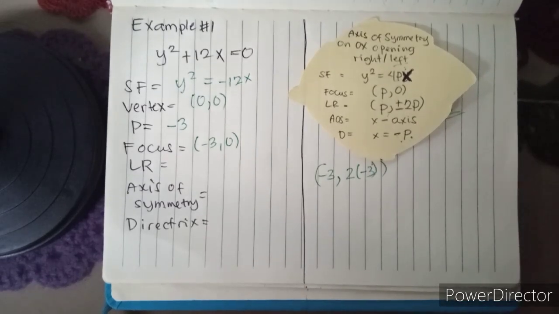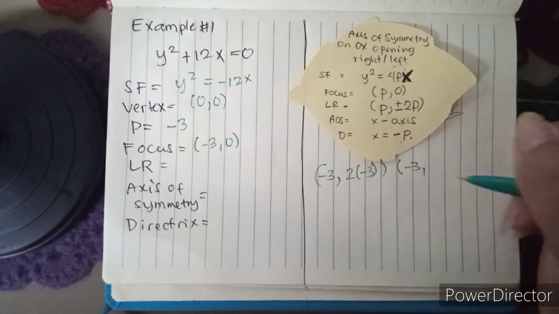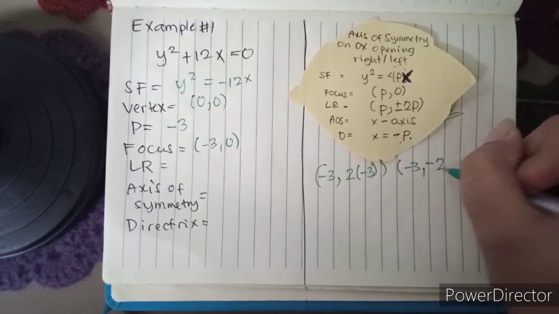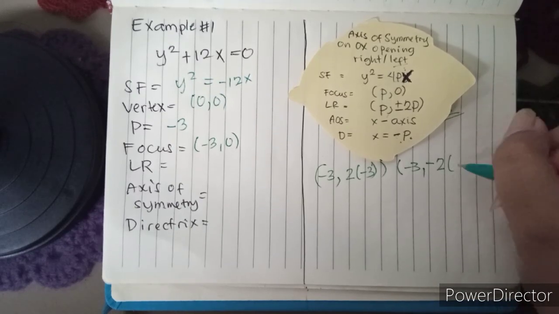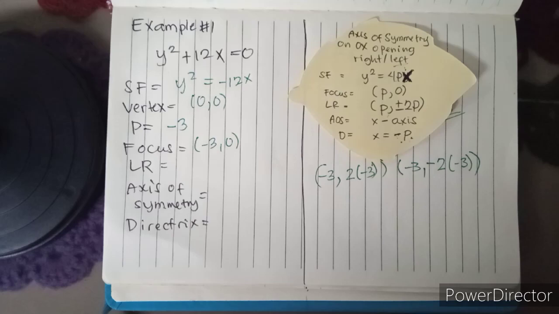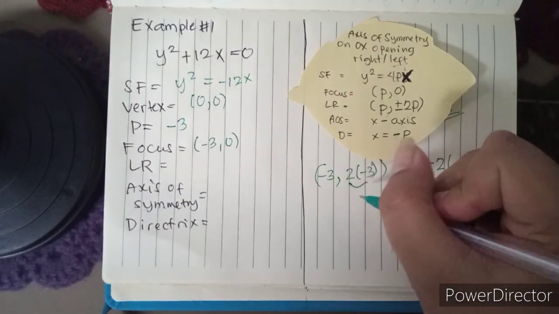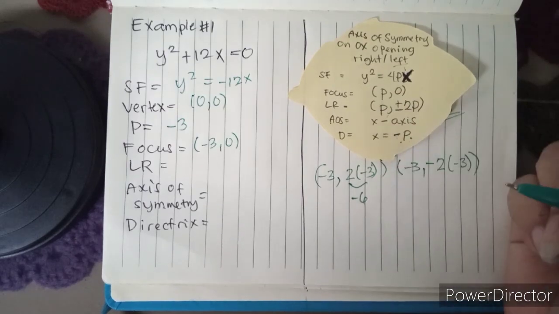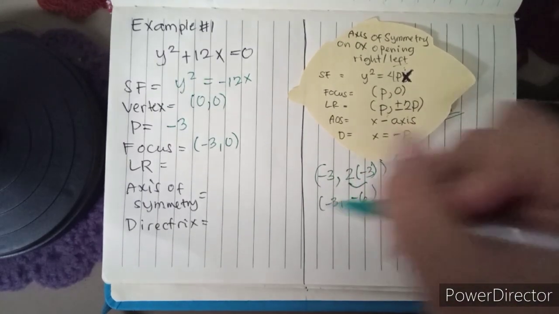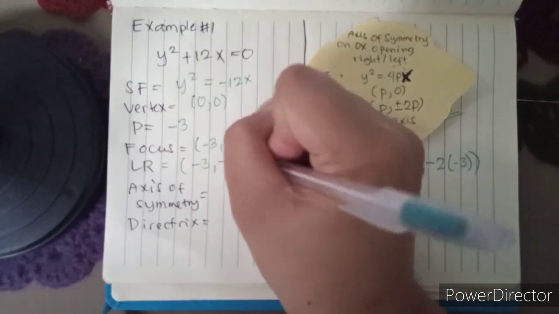Then, the other one, so we have value of P which is -3, less naman daw natin sa 2, multiply daw natin sa value ng P which is -3. Then, simplify natin. So, we have 2 times -3, we have -6. So, the first ordered pair for our latus rectum ay -3, -6.